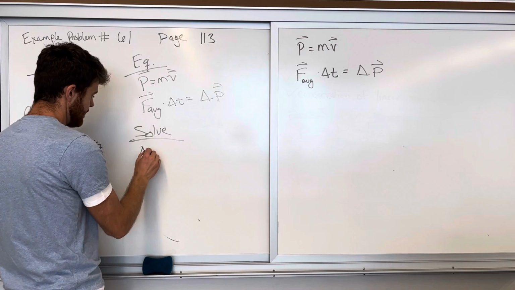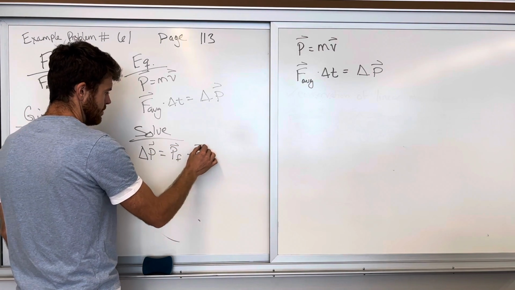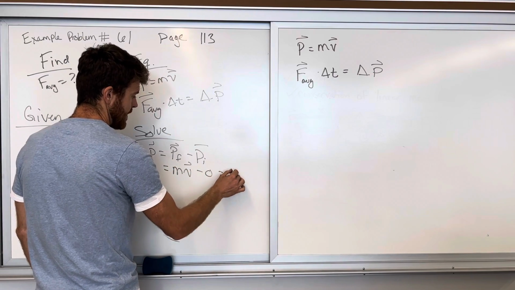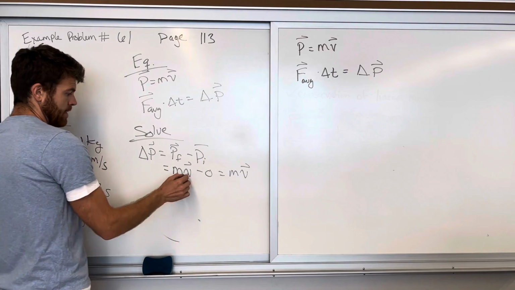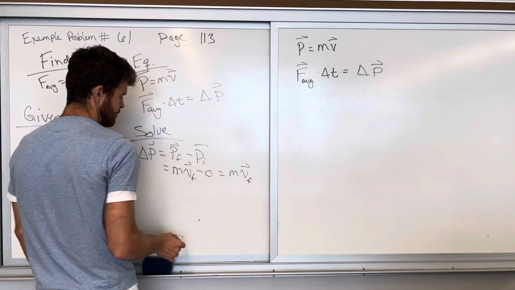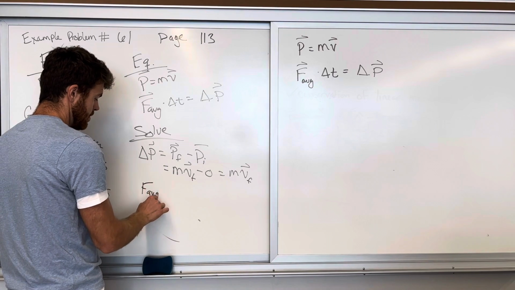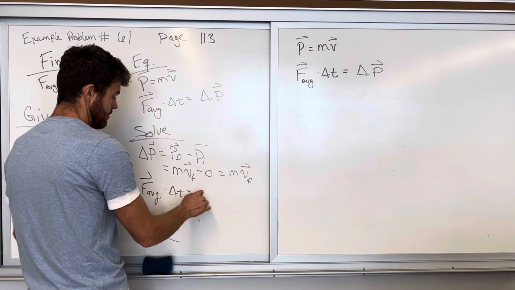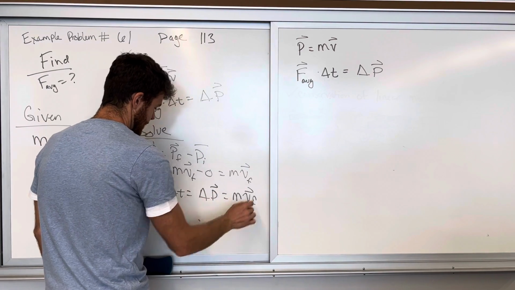The change in momentum is equal to its final momentum minus its initial momentum, which equals its mass times velocity minus 0, which is its mass times final velocity. And so the average force times delta t equals change in momentum, which is mass times final velocity.